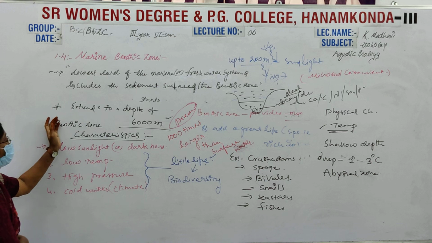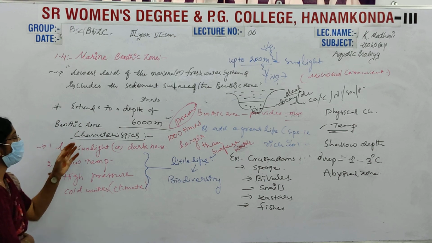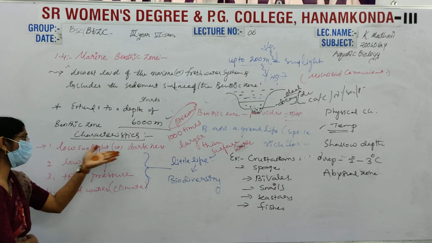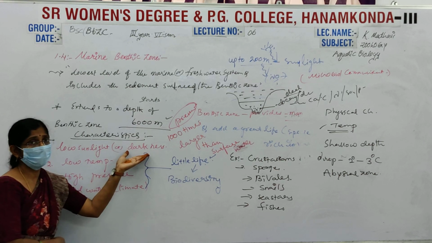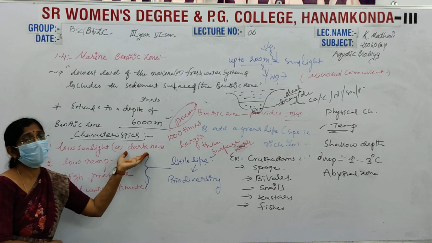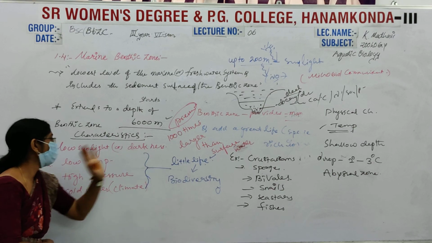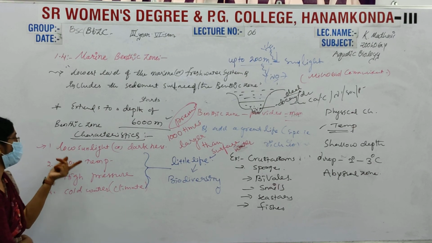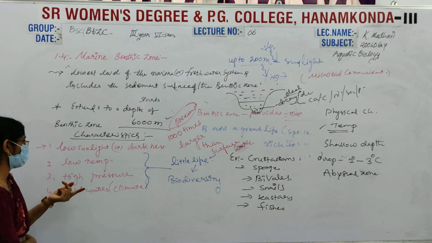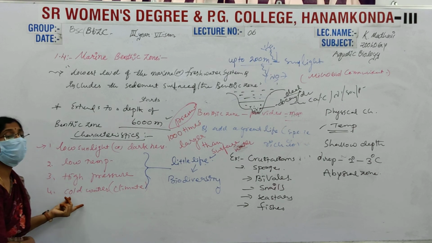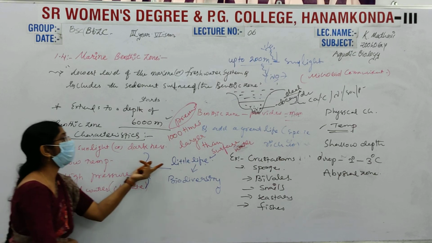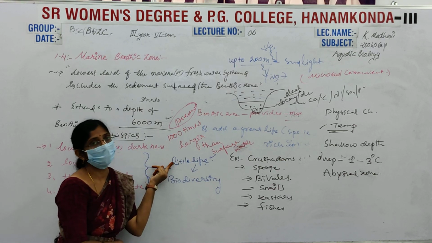The benthic zone is characterized by low light, or sometimes in the winter or dark seasons no light, darkness, and low temperatures. Low sunlight, low temperatures, high pressure and cold conditions allow only a little life of organisms.